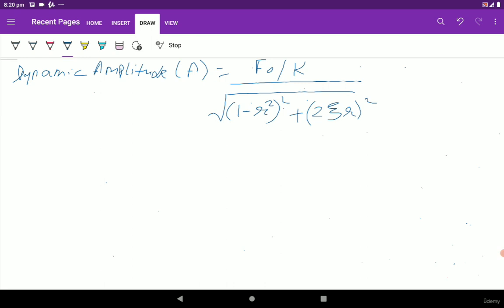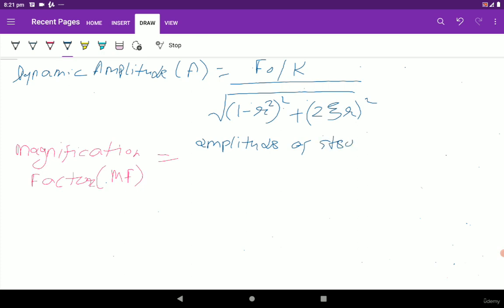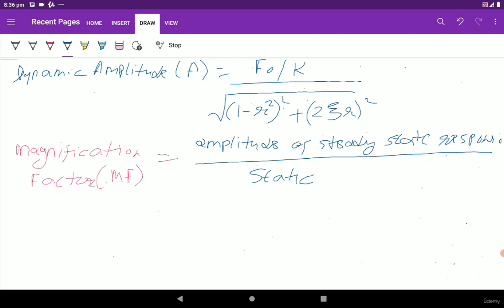So we can define the magnification factor, MF, is equal to the amplitude of steady state response divided by the static deflection.